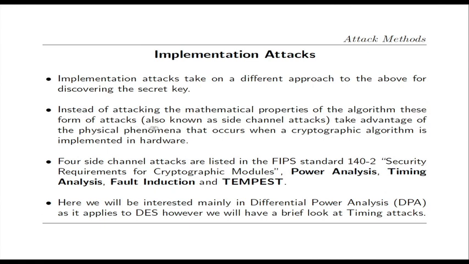Instead of attacking the mathematical properties of the algorithm, this form of attack takes advantage of the physical phenomena that occur when the cryptographic algorithm is implemented in hardware. Suppose we are running an encryption algorithm, say RSA, or we have hardware to implement AES.